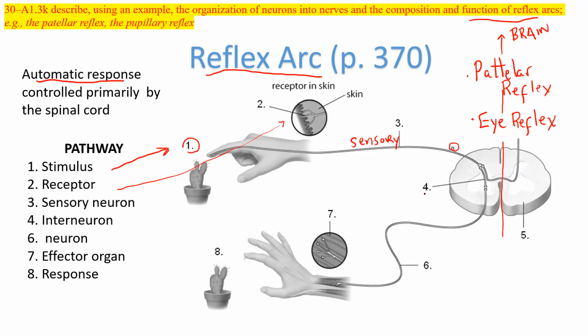It goes to an interneuron, which is a relay center in the spinal cord that sends the impulse down a motor neuron to an effector, my muscle, and to get a response. Okay, this is automatic. We don't think about it. Only after this loop has occurred do we detect it in our brain as pain. But that happens after, a millisecond after.